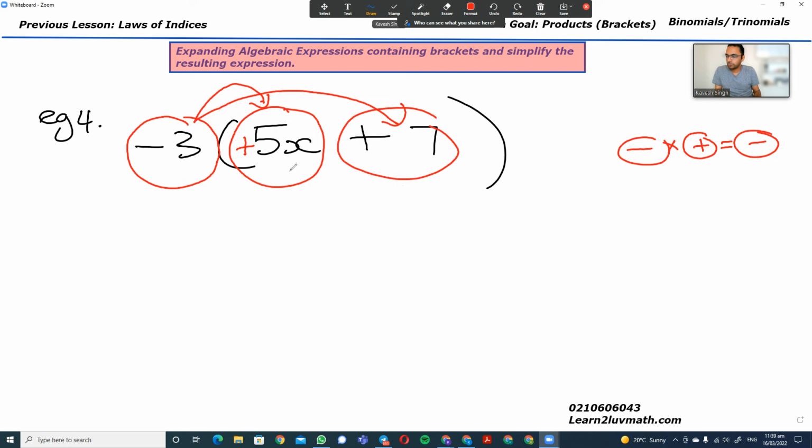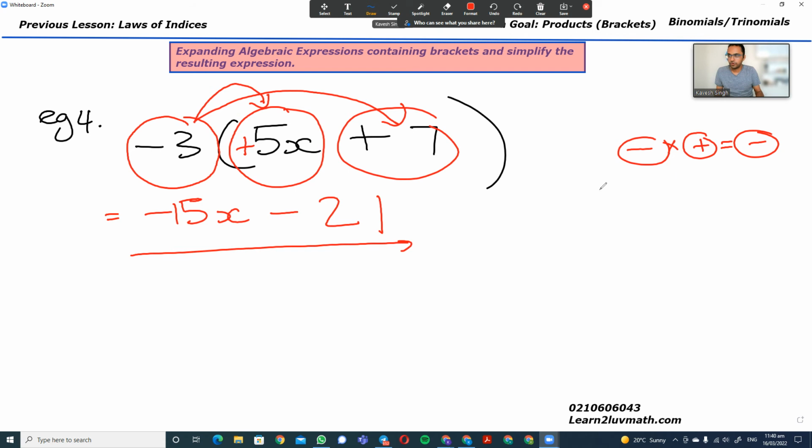So I end up with negative 3 times 5, which is negative 15x. Negative 3 times 7 will give me, remember, negative times a positive will give me a negative, and 3 times 7 is 21. So my final answer here, remember these are not like terms, will become negative 15x minus 21.